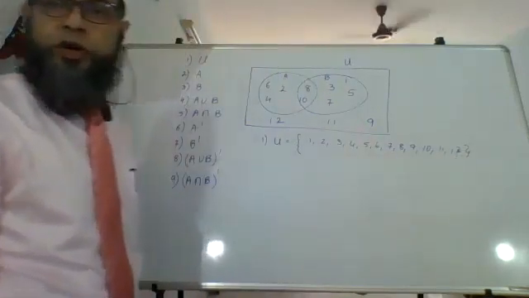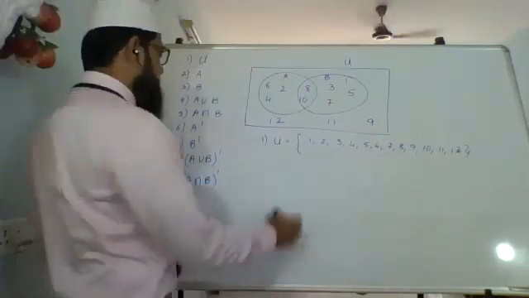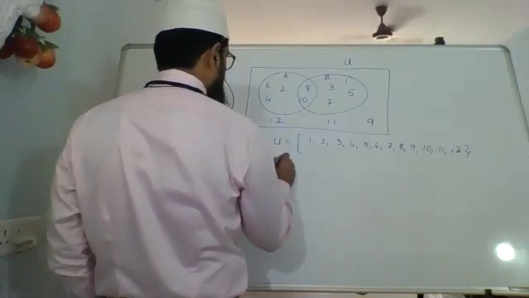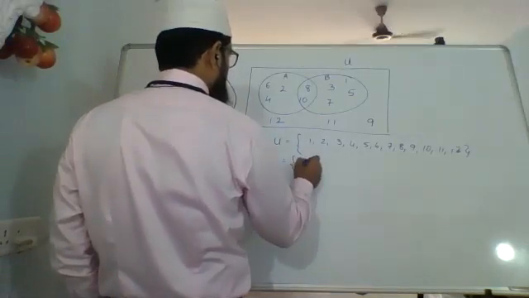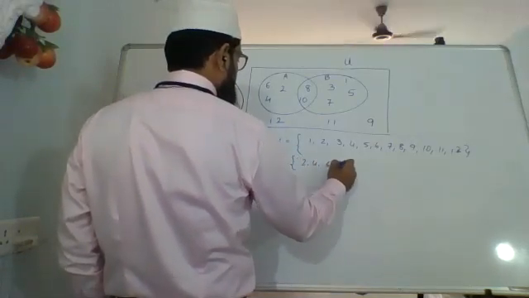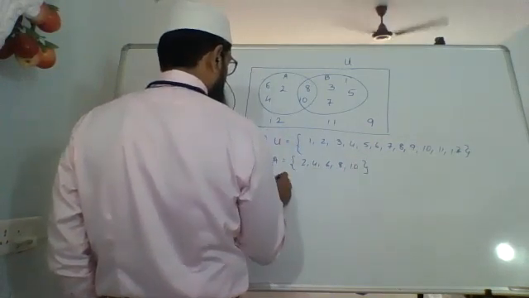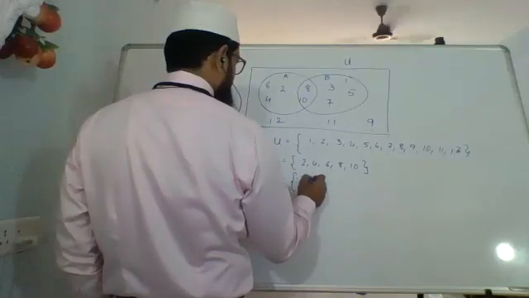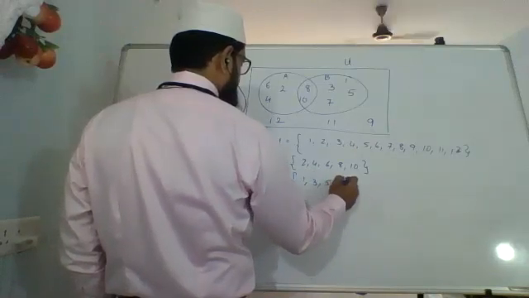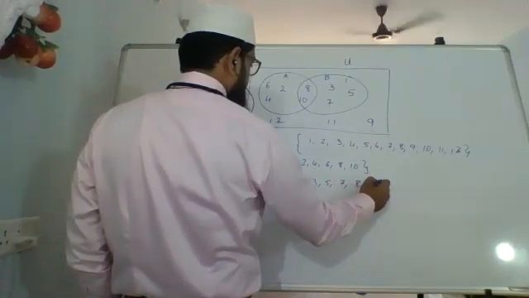This should be U. Everybody should have got this. Okay. The next one was A. Again, A is 2, 4, 6, 8, and 10. Third one was B. B is 1, 3, 5, 7, 8, 10.